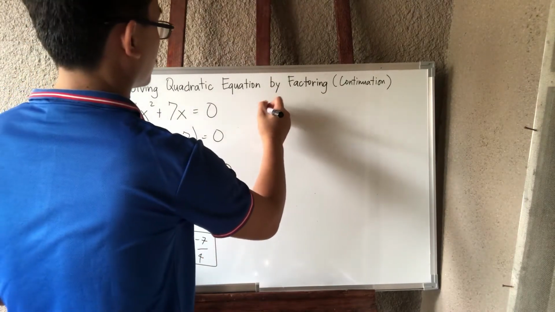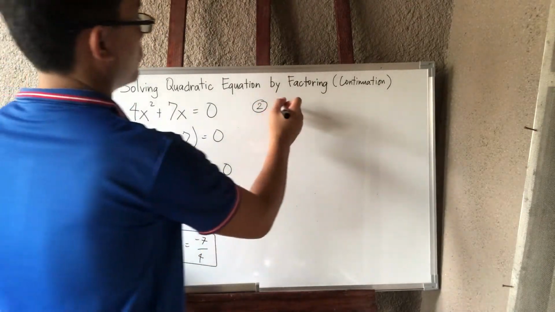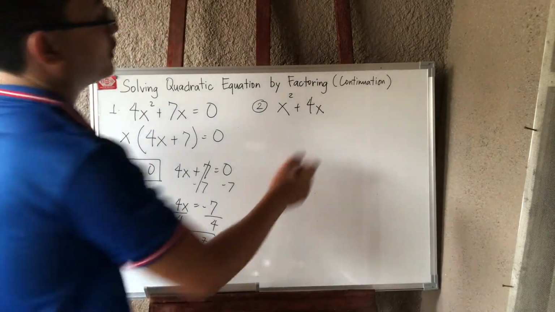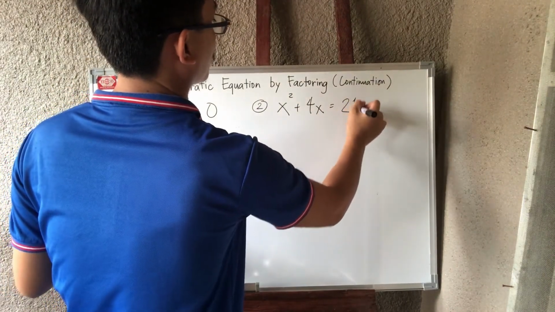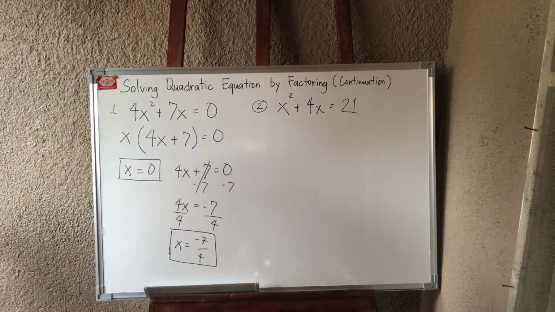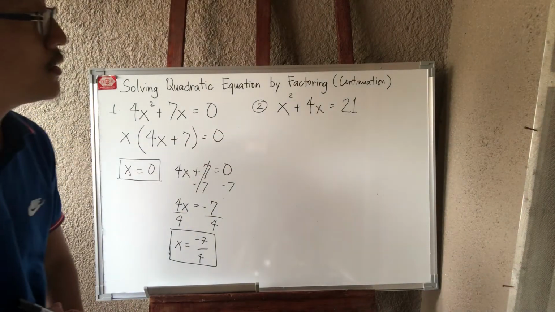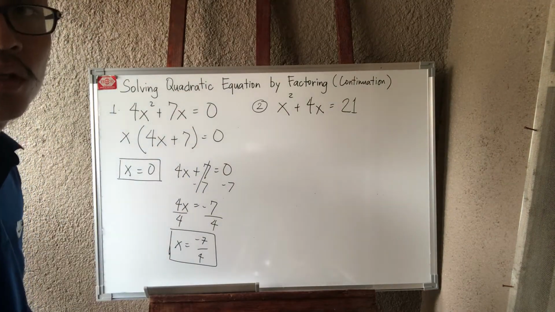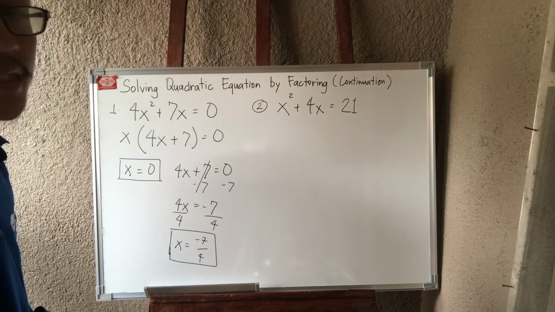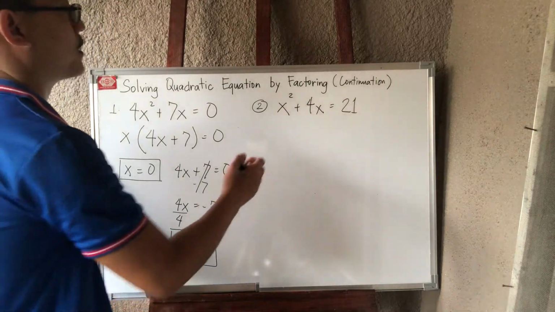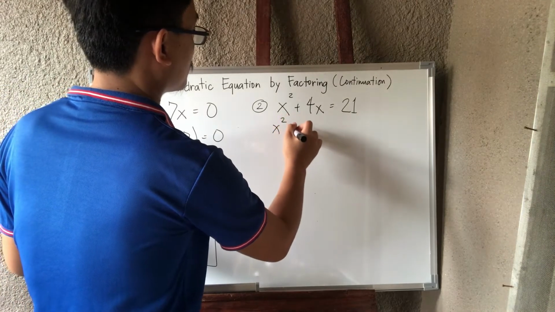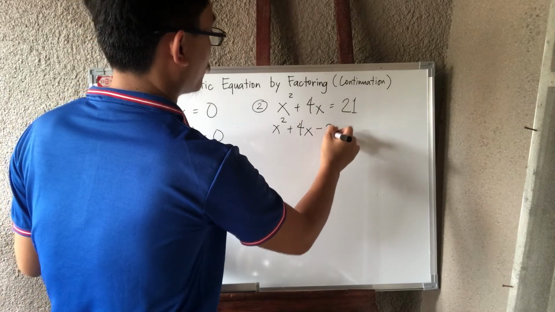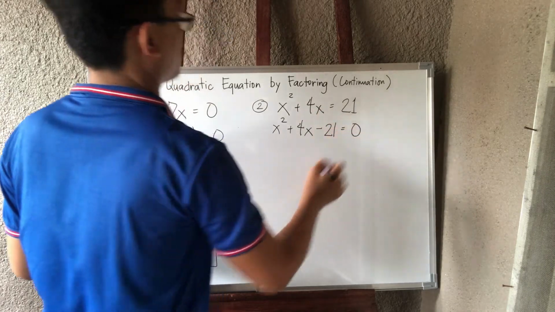Next, we have x squared plus 4x equals 21. In the case of number 2, it is not yet in standard form. So we just move the 21 to the left side. So from positive 21, this becomes x squared plus 4x, negative 21 equals 0.